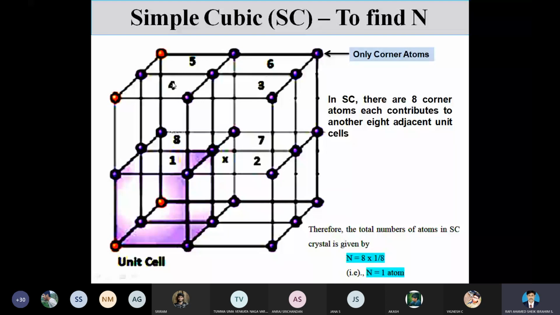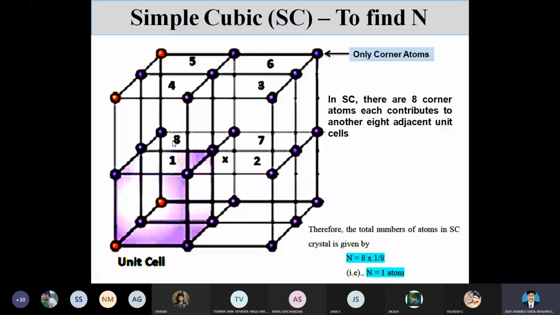On the adjacent sides, if we study the structure in a 3-dimensional view, we can say that this X atom is shared with the fifth unit cell, the sixth unit cell, the seventh unit cell, and the 8th unit cell.